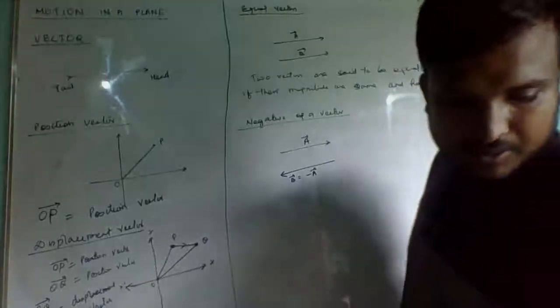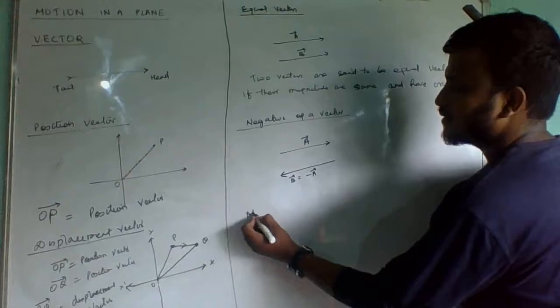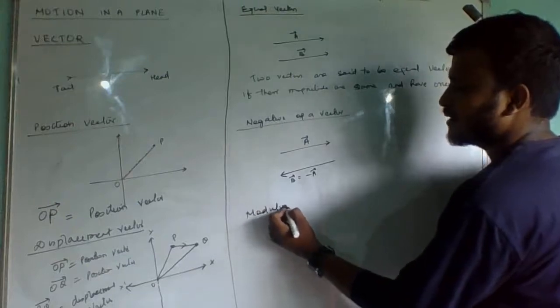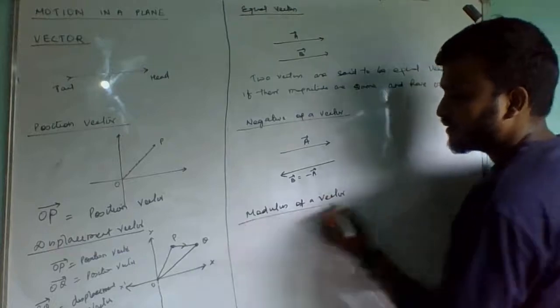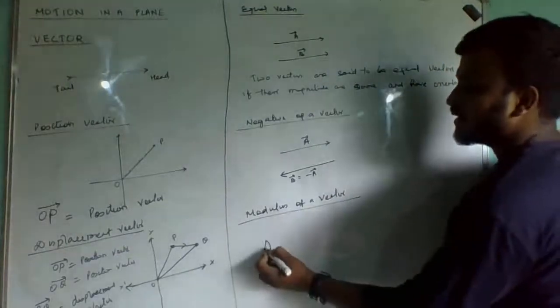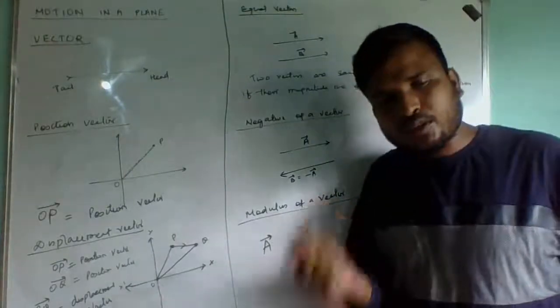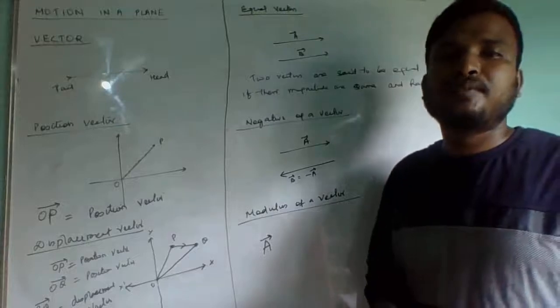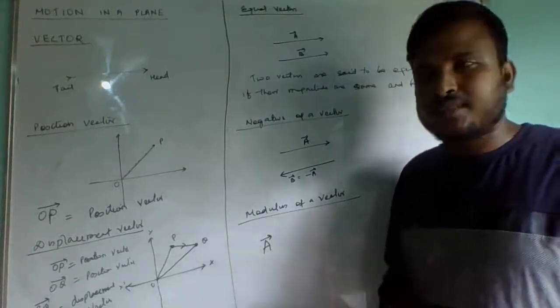I hope you have understood this. Next is modulus of a vector. Suppose one vector is there. When I write the vector, it represents both magnitude and direction. We are concerned about both magnitude and direction.